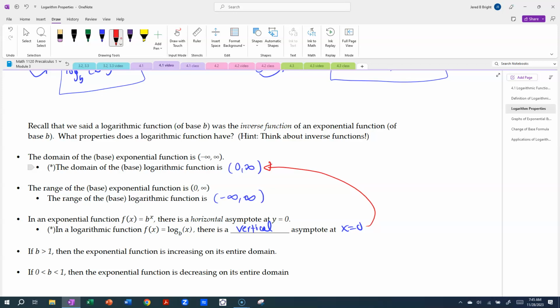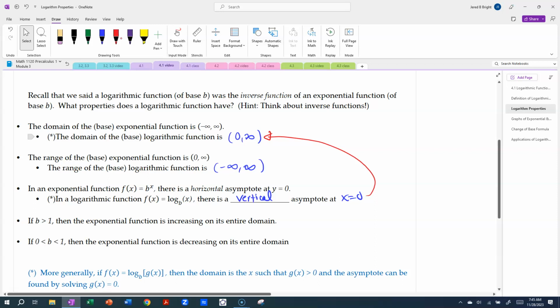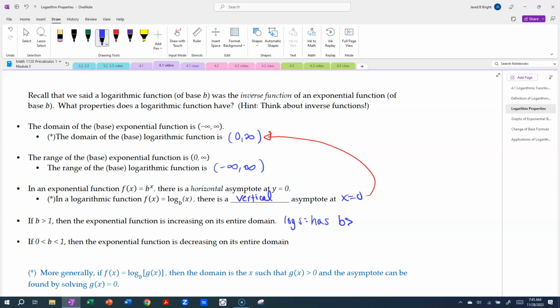So that's where the asymptote comes into play. Okay, and then similarly, an exponential function, we know it's increasing on its entire domain, and actually that carries forward with logarithms. So for logarithms, if it has a base that is larger than 1, then it increases.